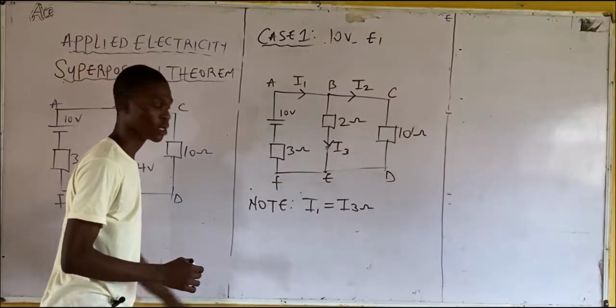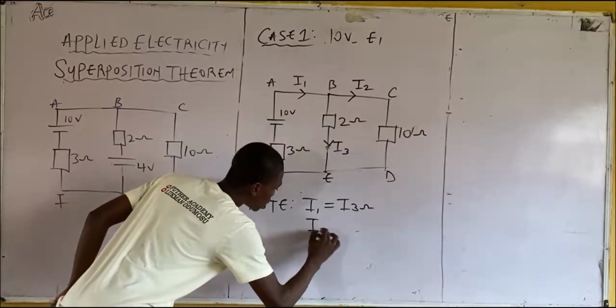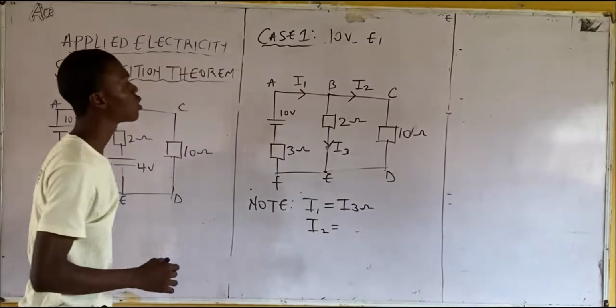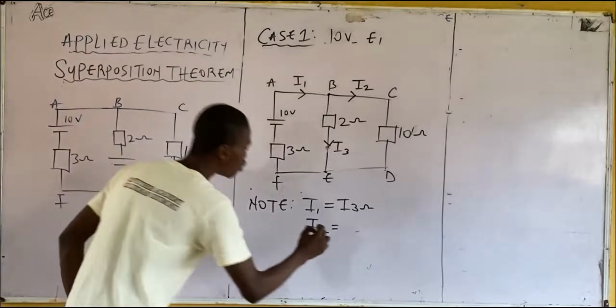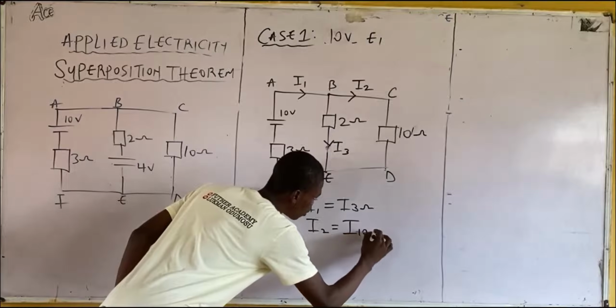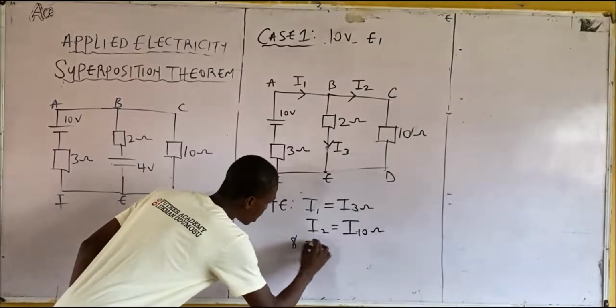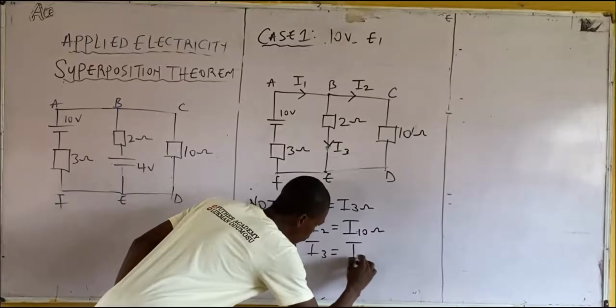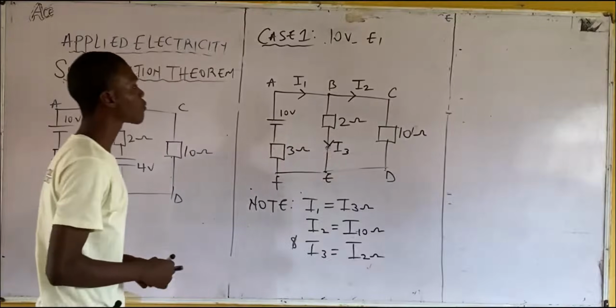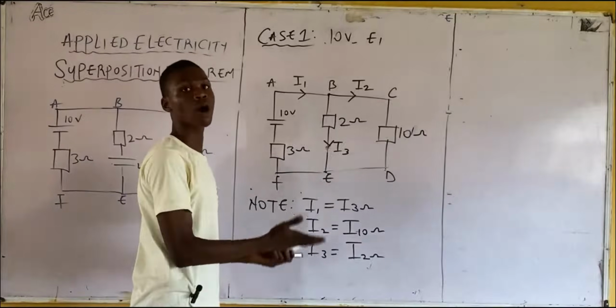Agreed, right? Which resistor is I2 flowing through? 10 ohm resistor. And lastly, I3 is flowing through which resistor? 2 ohm resistor.